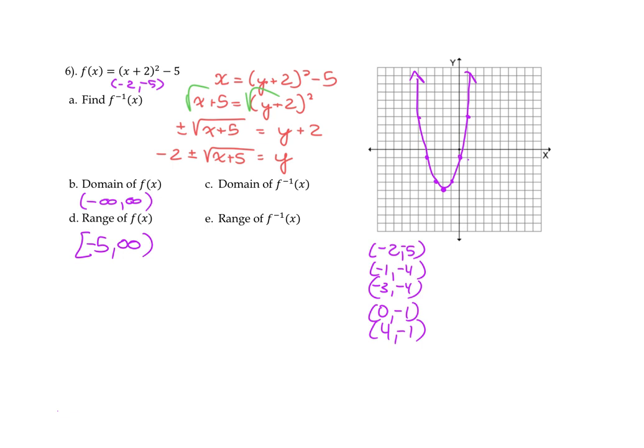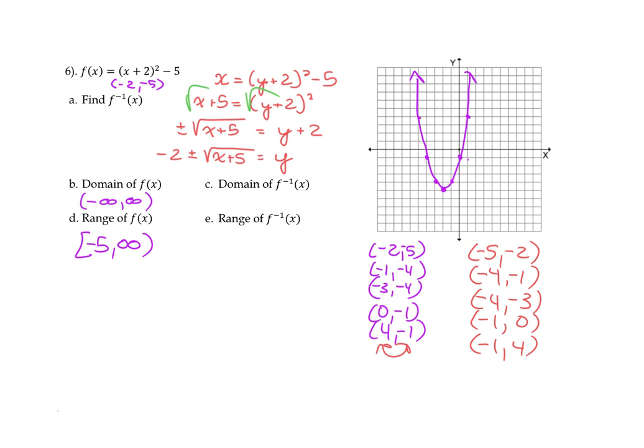That's enough for me to inverse. So now I'm going to go -5, -2, -4, -1, -4. Notice I'm keeping all the points with the same signs. I'm just switching the x and the y.